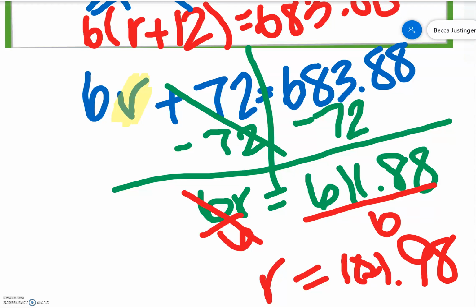And don't forget what we're solving for and making sure that that makes sense. We are trying to solve how much does it cost for each person to go rafting. $101.98 makes sense because then it also includes the price. Oh no, that's how much it is without including the price for the life jackets.